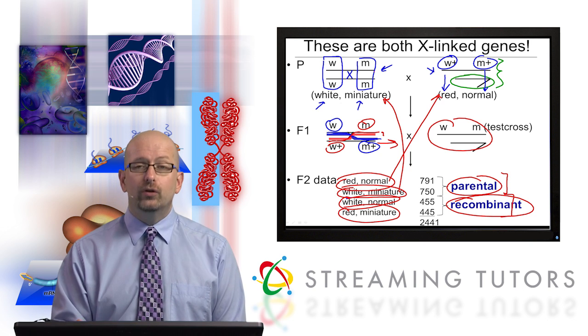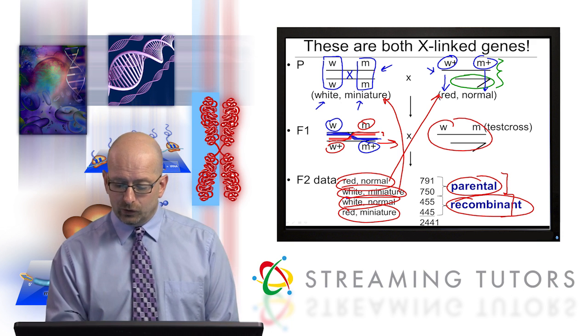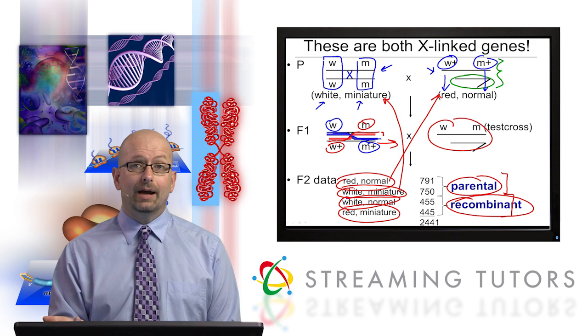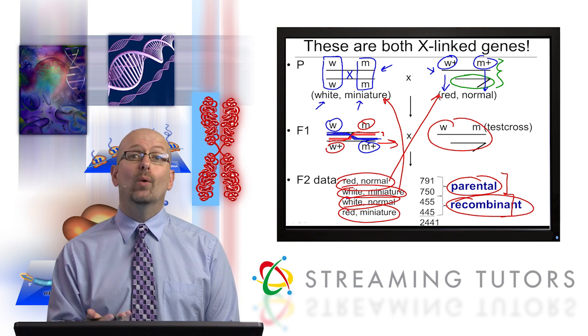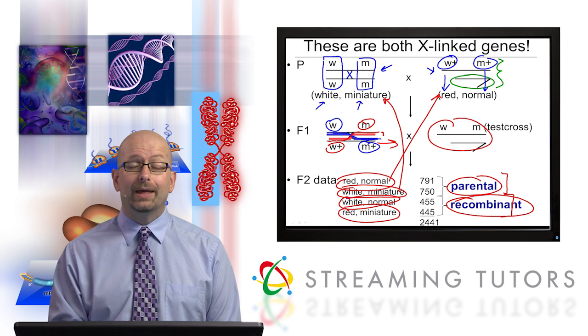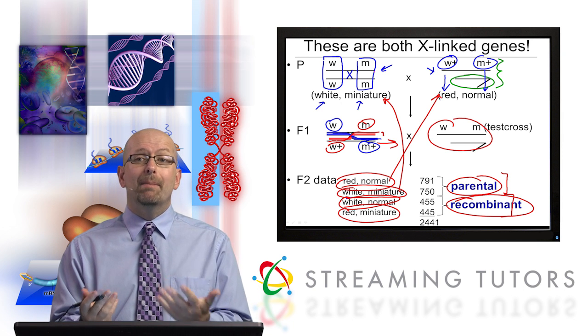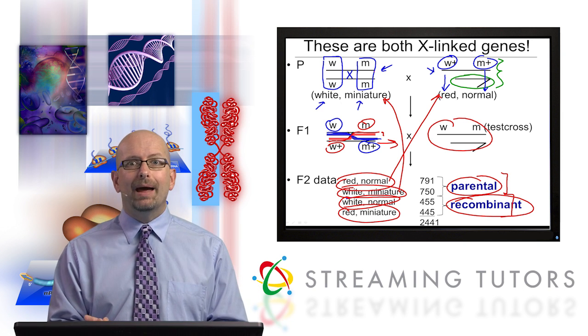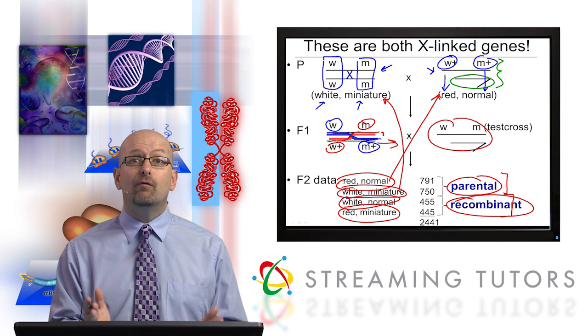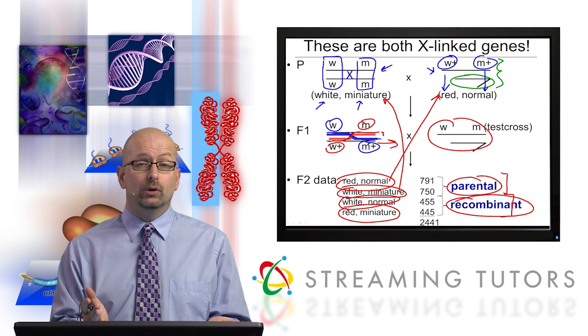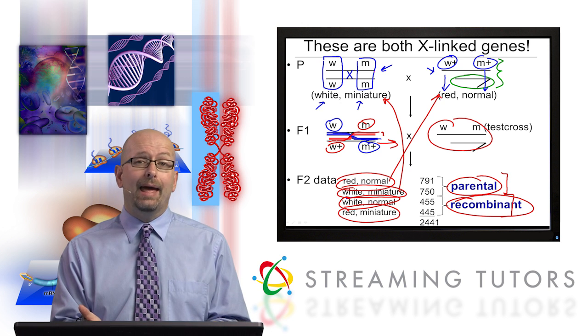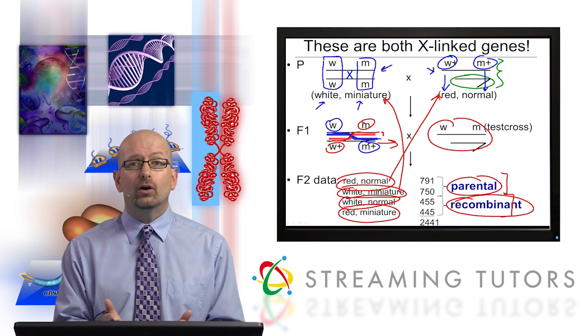And if you know the genes are linked, then you're going to see recombinants a certain amount of the time when a crossover does occur. But now we want to really ask the question, so how can we use this data to actually determine, to map these genes? And in this case, what mapping really means is to determine how far apart the W locus is from the M miniature locus. How far apart are they?